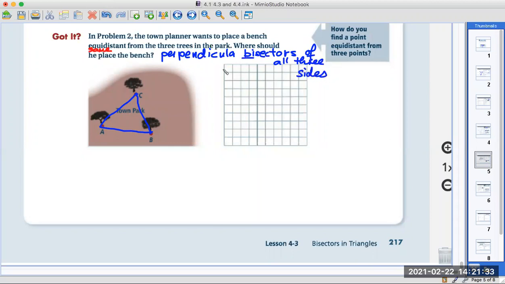So remember, the word bi means cut in half. So I'm going to cut each side in half, and I'm just estimating. We're not using a ruler. And then go perpendicular, perpendicular, and perpendicular. So it's all 90-degree angles.